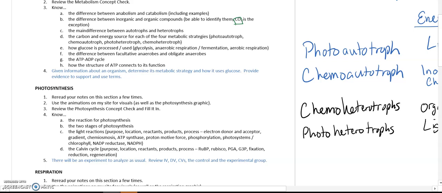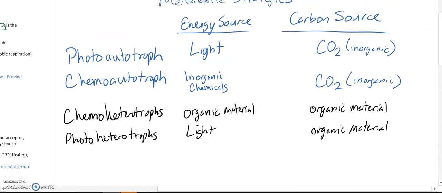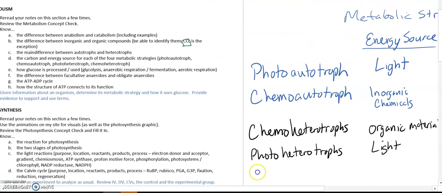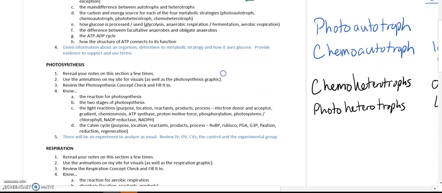So does it make its own glucose, or does it have to eat and break it down? Right? So you need to use some key terms here. Some of the key terms that you'll need to use are things like photosynthesis, cellular respiration, anaerobic respiration, things like that. Okay? This is your project that you guys already did. All right.